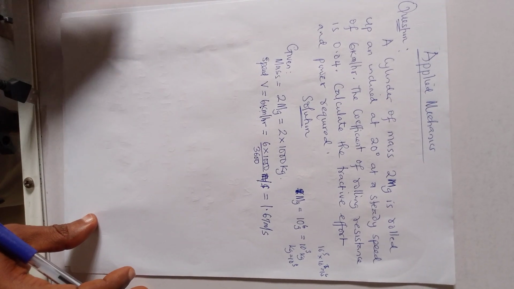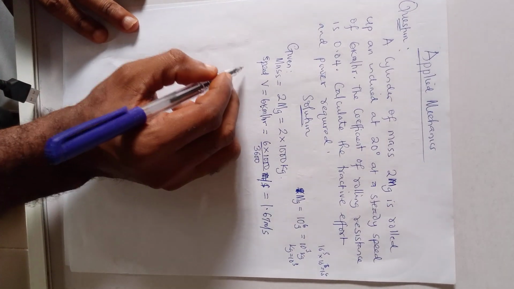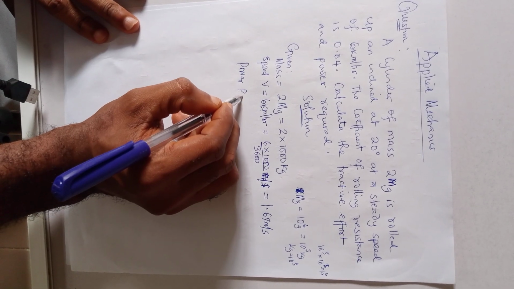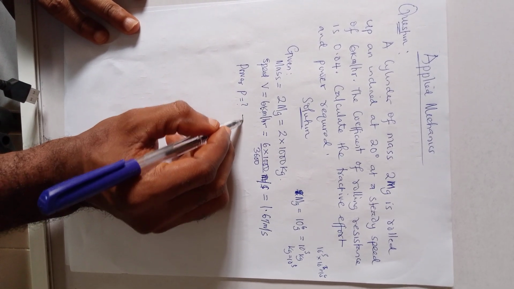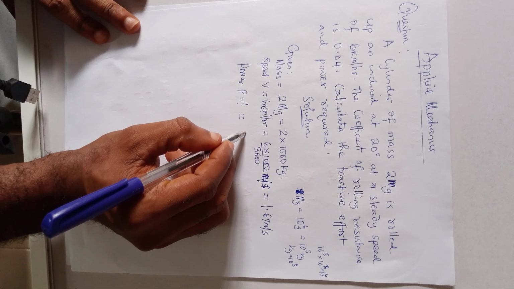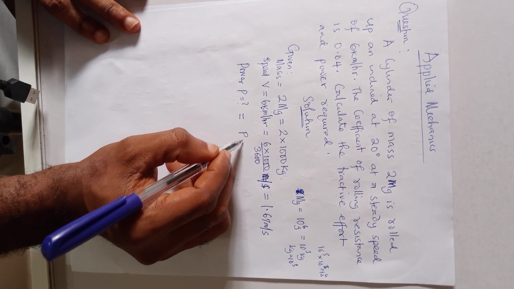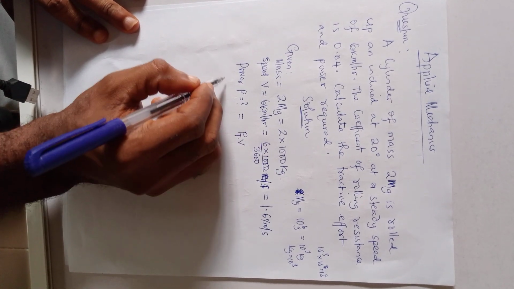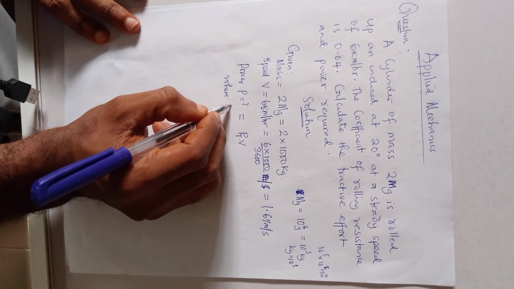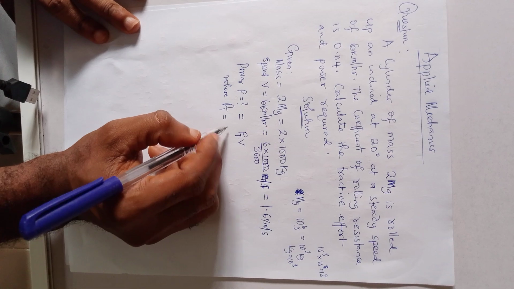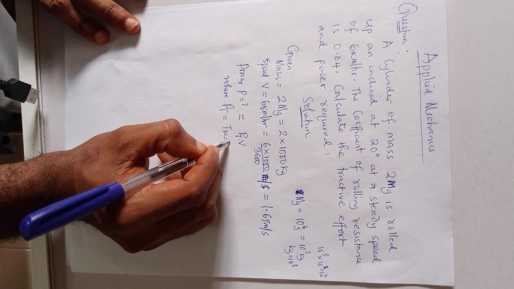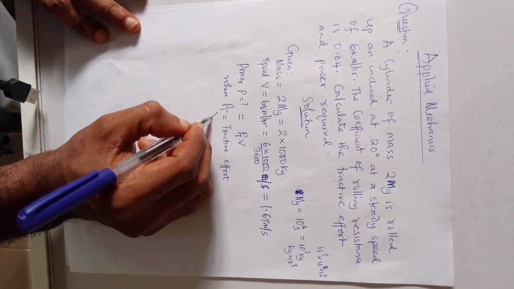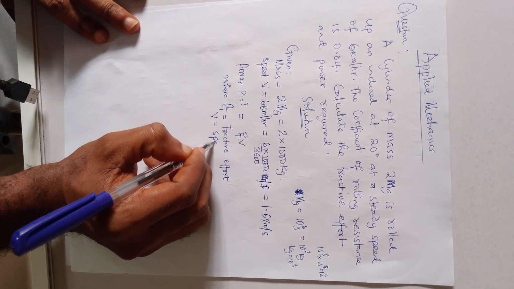So we know that power, which is the question we are asked to find, is equal to PT times V, where PT here is the tractive effort and V is the speed.